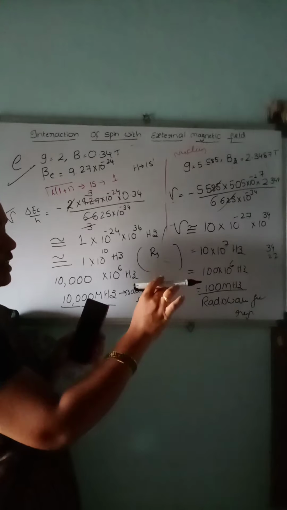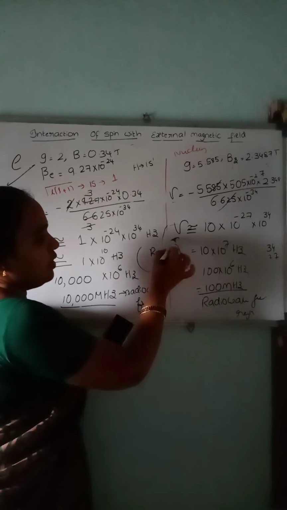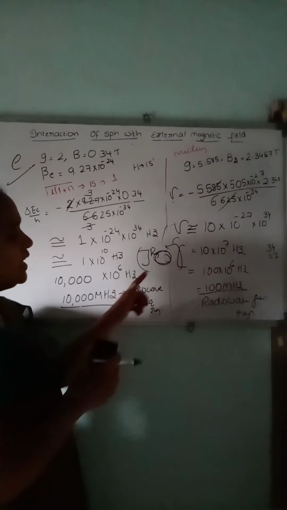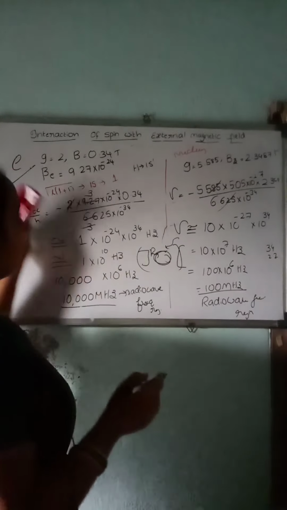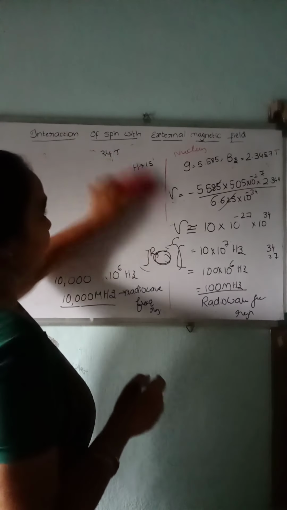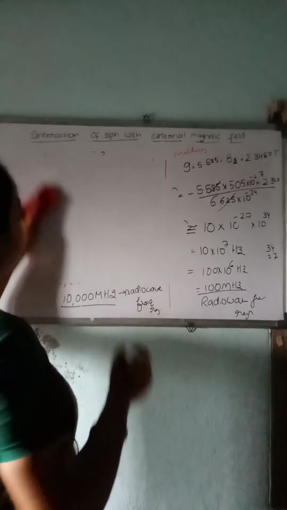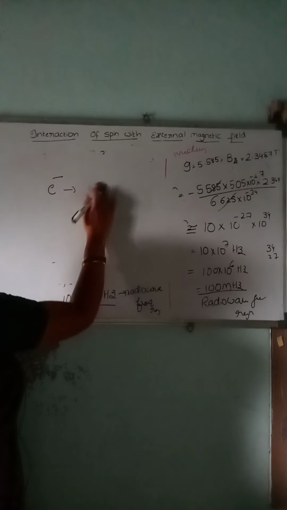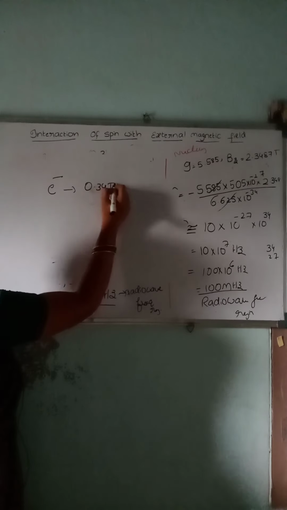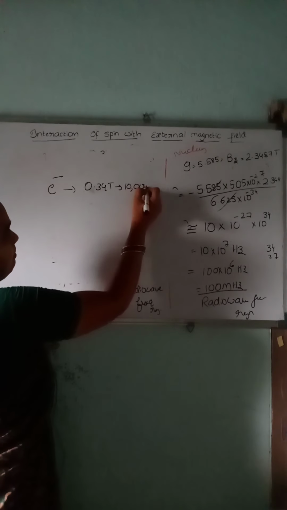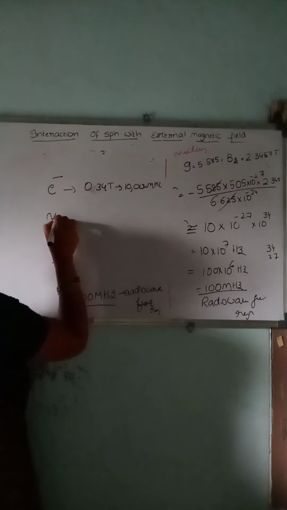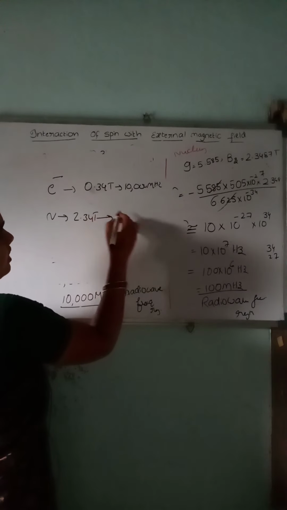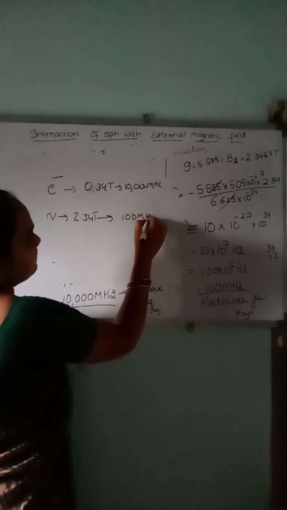So when a radio wave is made incident on this atom in the presence of an external magnetic field, let me repeat: the electron in the presence of an external magnetic field of 0.34 Tesla revolves with 10,000 megahertz frequency. Nucleons in the presence of 2.3487 Tesla revolve with 100 megahertz frequency.